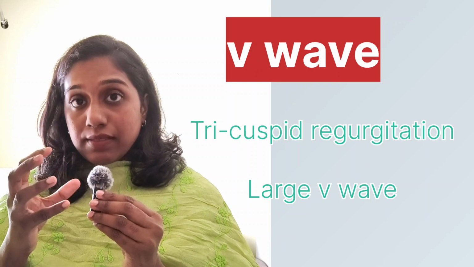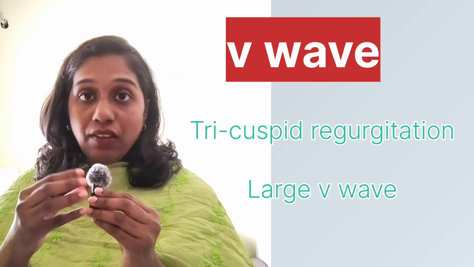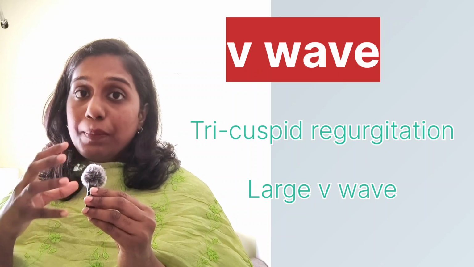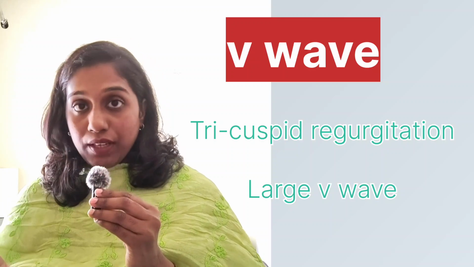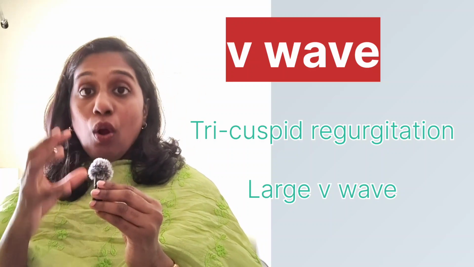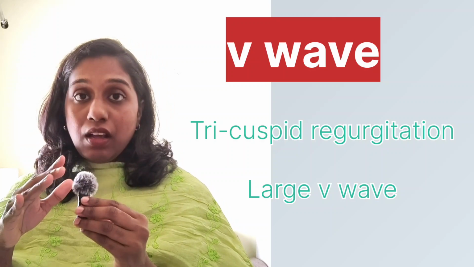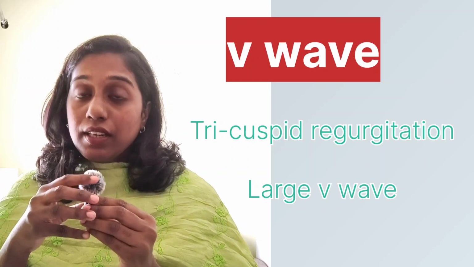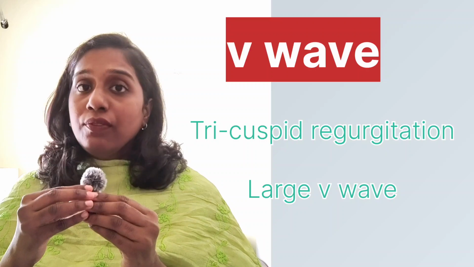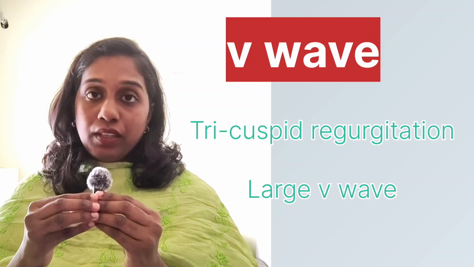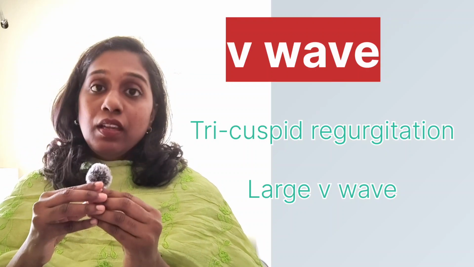That is, the tricuspid valve will be incompetent, so the blood will backflow from the right ventricle to the right atrium. Also, the right atrium receives blood from the superior vena cava and inferior vena cava. So the pressure inside the right atrium increases very much and we will get a large V wave. So that's all about the V wave.